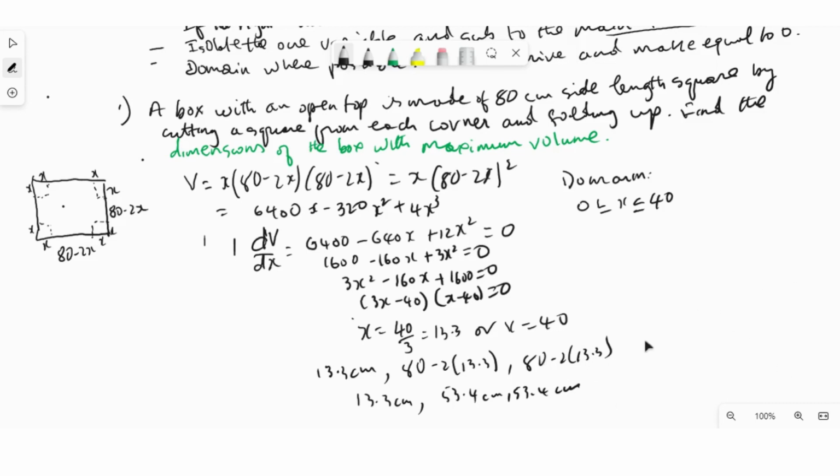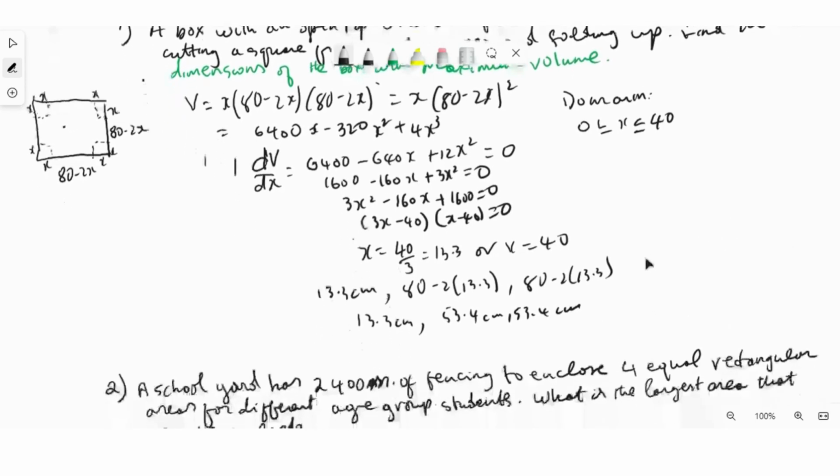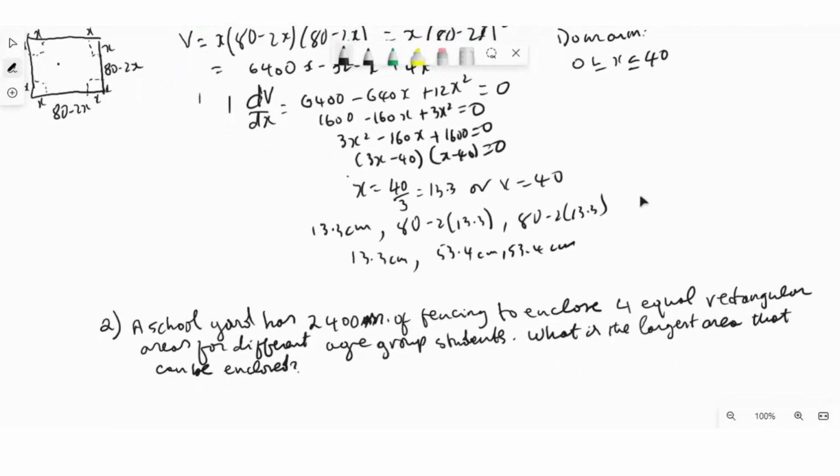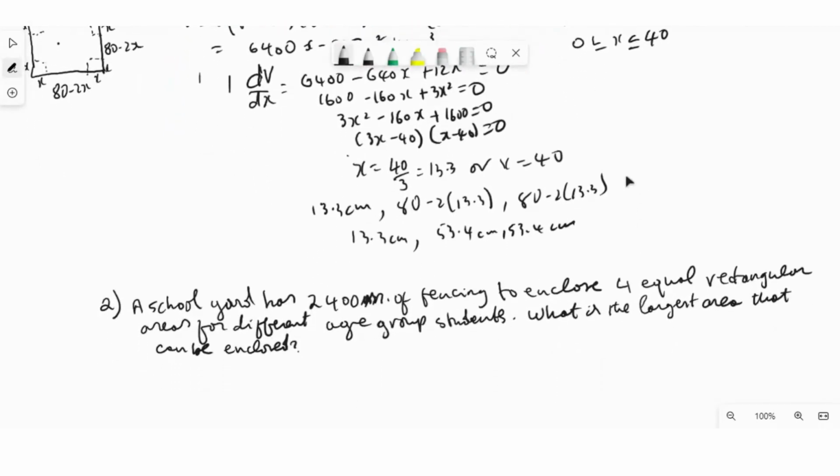Okay, this is the first type of questions. Let's do a second type of questions. A schoolyard has 2400 meters of fencing to enclose 4 equal rectangular areas for different age group students to be a playground. What is the largest area that can be enclosed?